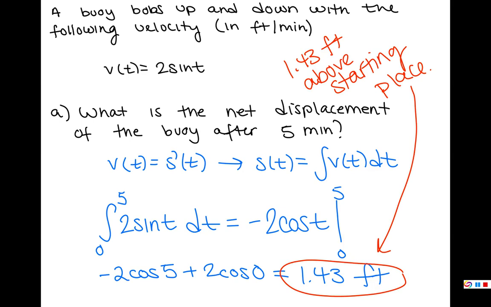All right, so there I have written on the screen. I think I already said this in words, but now we have it written down. So just to summarize, the 1.43 feet is its position or net displacement, where it is located relative to the starting place.